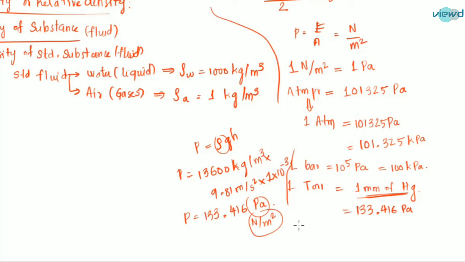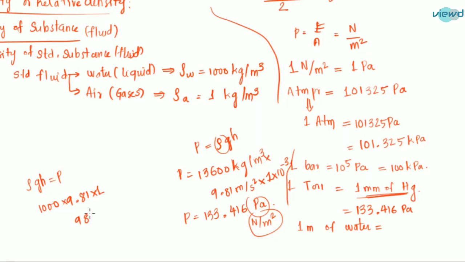And also there is 1 meter of water. What is 1 meter of water? Rho g h is the pressure in Newton per meter square if it is given in terms of height. The density of water is 1000 kg per meter cube, into acceleration due to gravity 9.81, into height 1 meter.